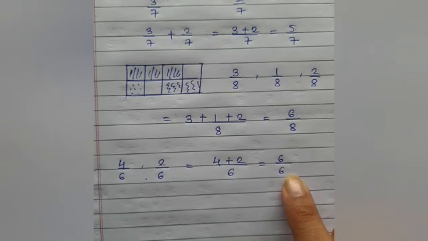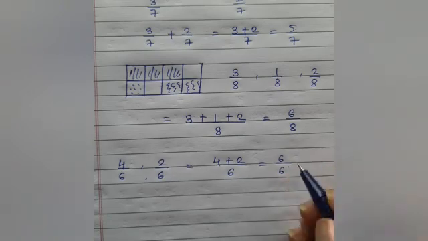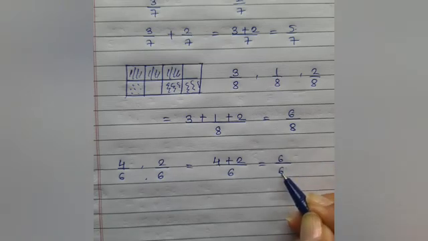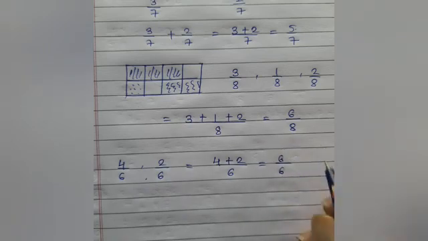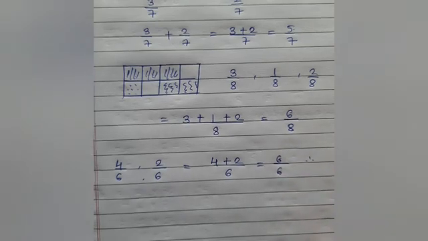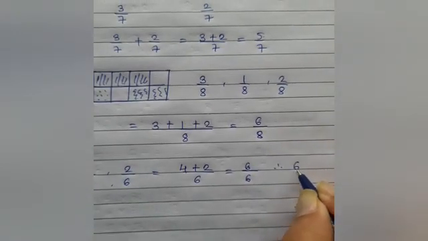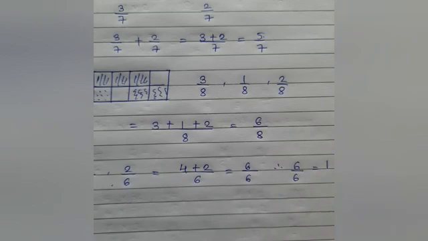Now here, we know that 6 upon 6 means all 6 parts of these 6 parts, that is the whole figure. Therefore, it can be written as 6 upon 6 equals 1.